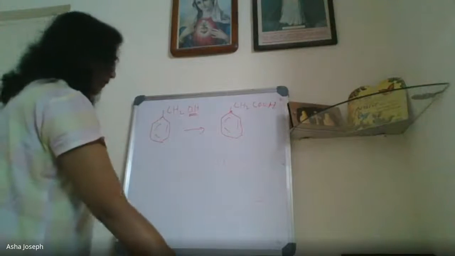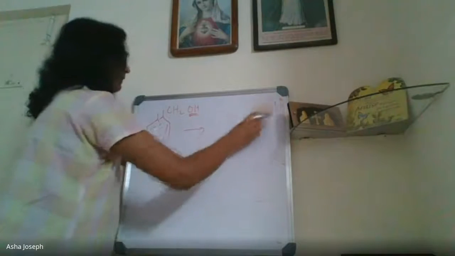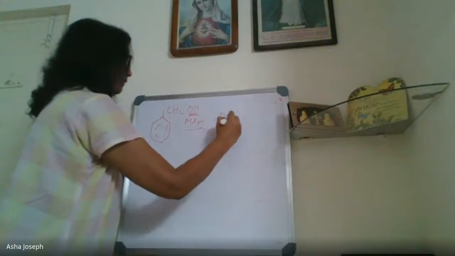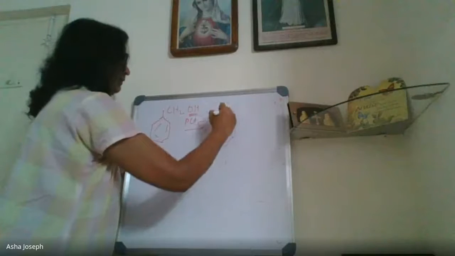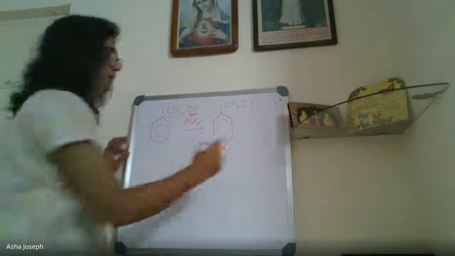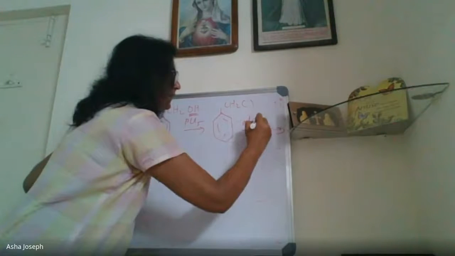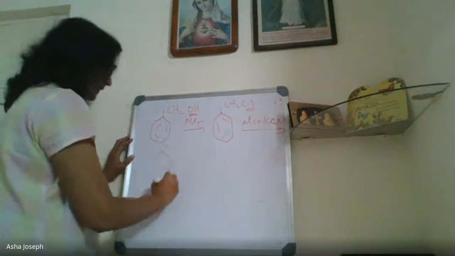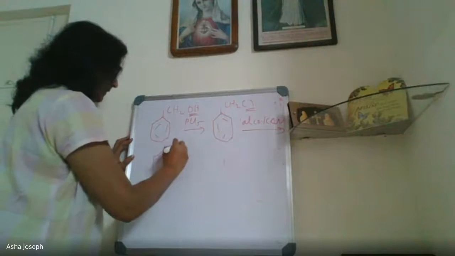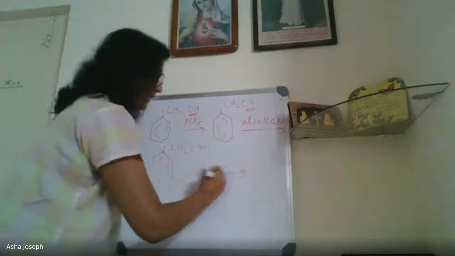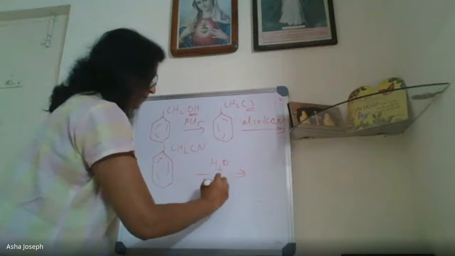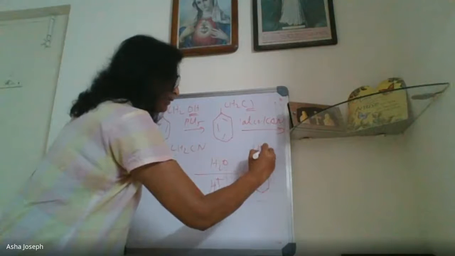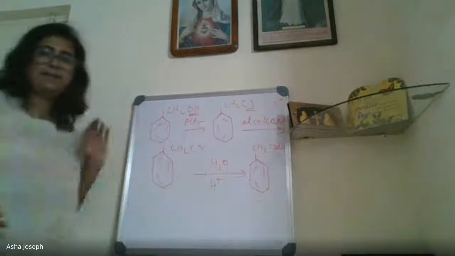So I am taking the compound, C6H5CH2OH, and I will convert it with PCl5 into CH2Cl, and then alcoholic KCN. So Cl will be replaced by CN. CH2CN. Now the reaction which I said, hydrolysis in presence of acid, will convert it to CH2COOH. Clear?